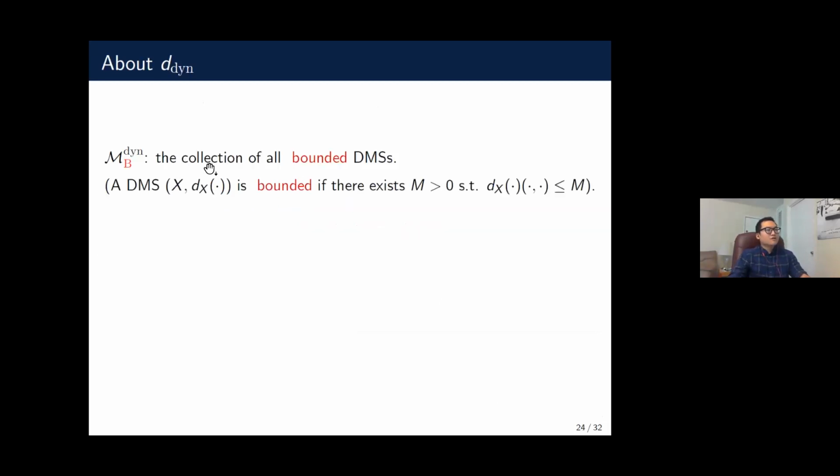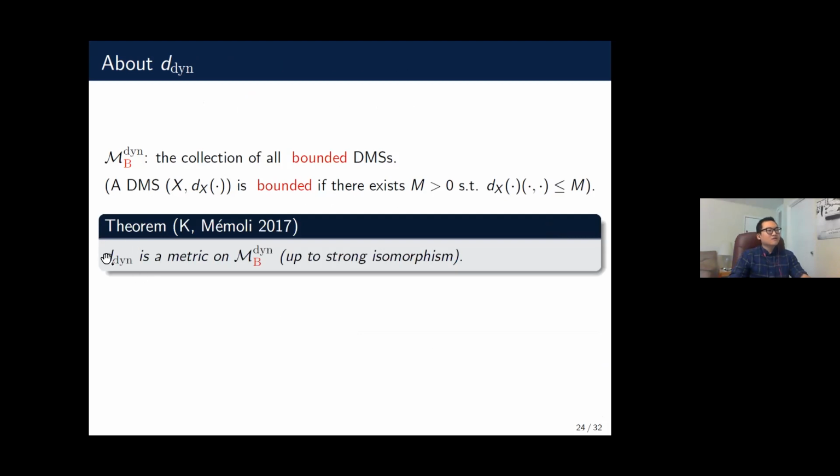Now, let's consider the collection of all bounded dynamic metric spaces. A dynamic metric space is bounded if there exists a constant m such that the distance function never exceeds m. Then indeed, the function we defined in the previous slide is a metric on the collection of bounded dynamic metric spaces. It is not an extended metric.